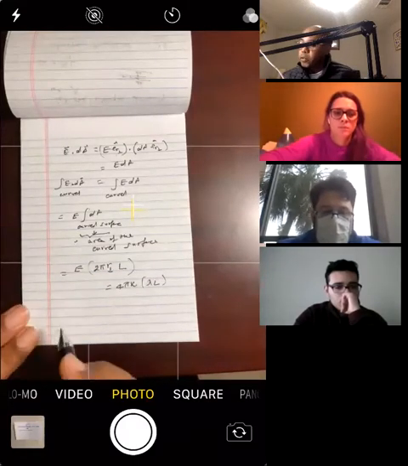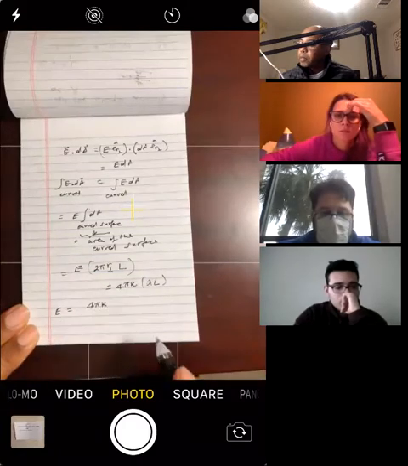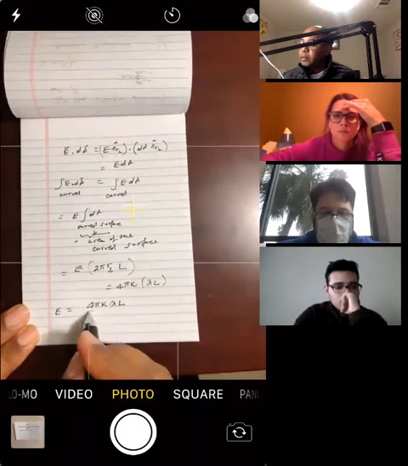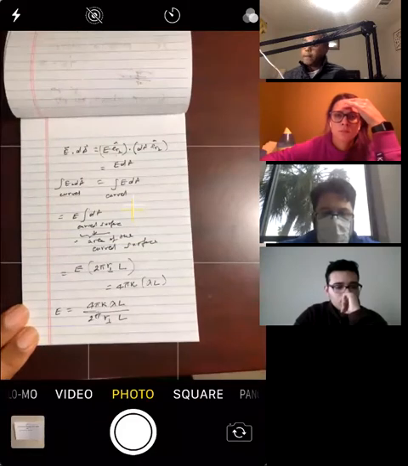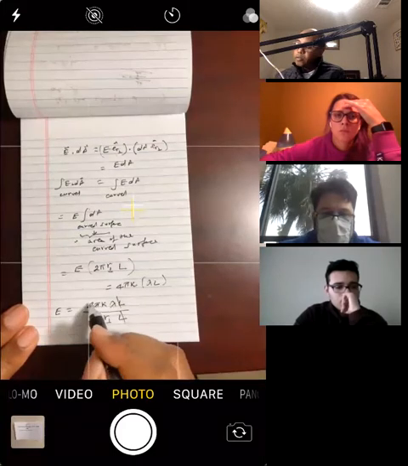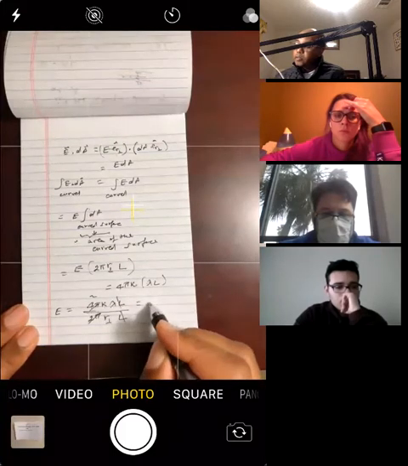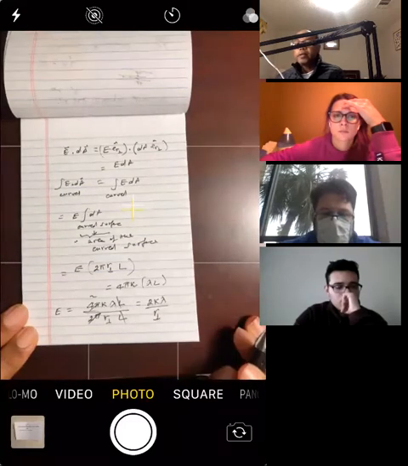So you get the following for the electric field: E equals 4 pi k lambda L divided by 2 pi r perpendicular times L. You see L cancels, and then you get 2 from here. So you just get 2k lambda divided by r perpendicular.